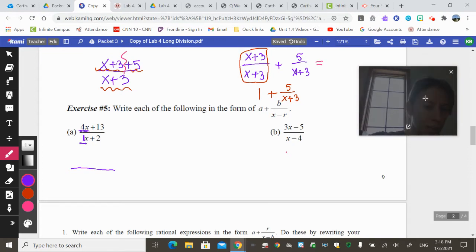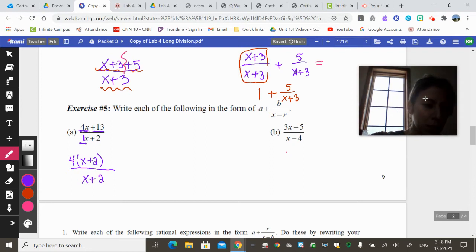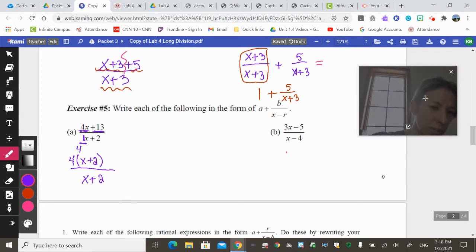So my denominator doesn't change, but in order to have a 4x on top, I need 4 times x plus 2, and my numerator has to equal 4x plus 13. If I distribute, 4 times x plus 2 is the same as 4x plus 8. So in order to get my 4x plus 13, I also have to add 5 to this one.